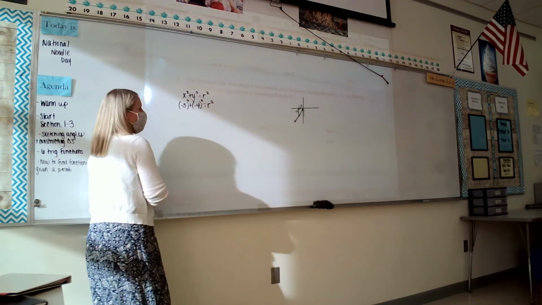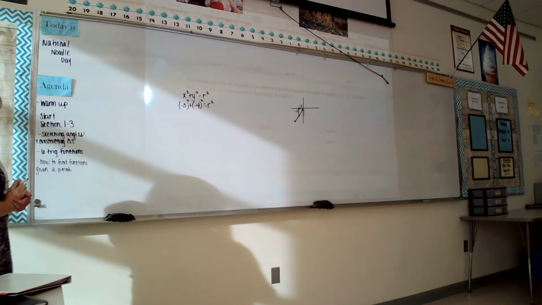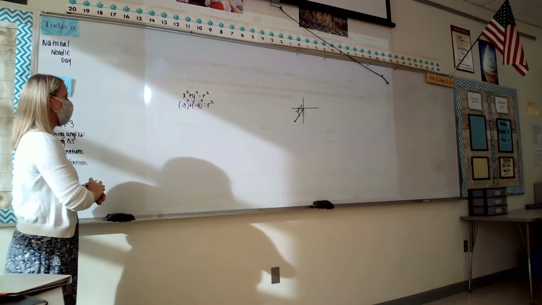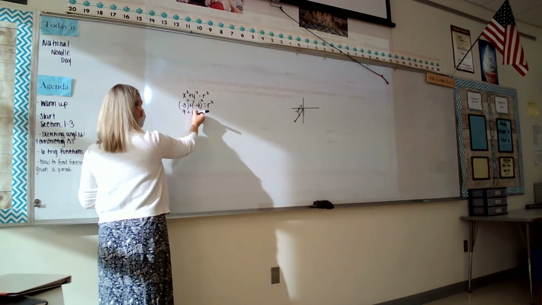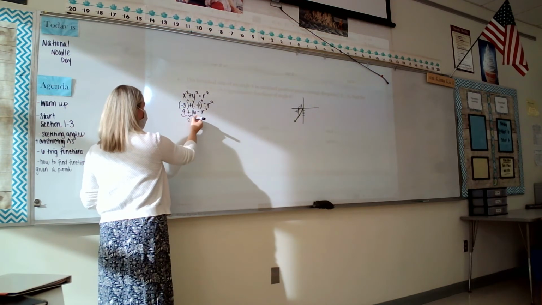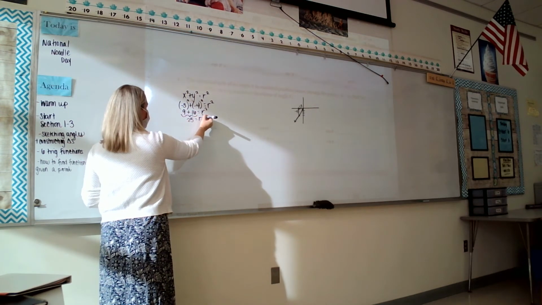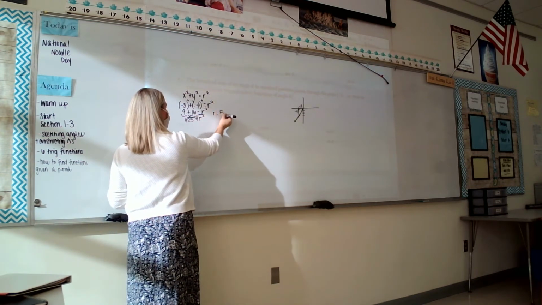So just make sure parentheses are something you're always using when there's negatives. The reason being is when you square a negative, it should turn positive. So -3 squared is 9. -4 squared is 16. Or you could just throw it in your calculator. It will come out to 25. And r is going to be 5.